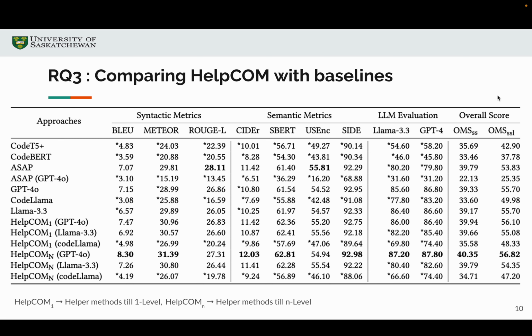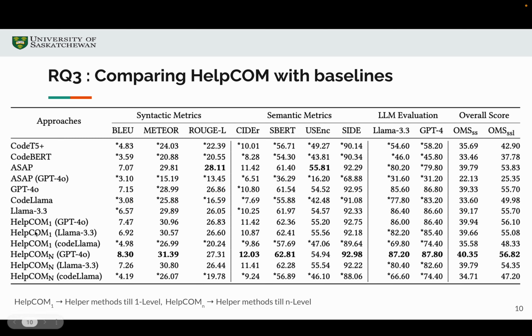We also have the overall scores, OMSSS and OMSSSL. The baselines are CodeT5 Plus, CodeBART, and ASAP, which is LLM based. ASAP used GPT-3.5 in their study. We also tried ASAP with GPT-4o, and we utilized GPT-4o normally, and Code Llama 3.3.